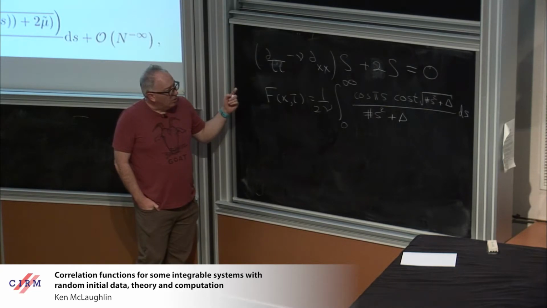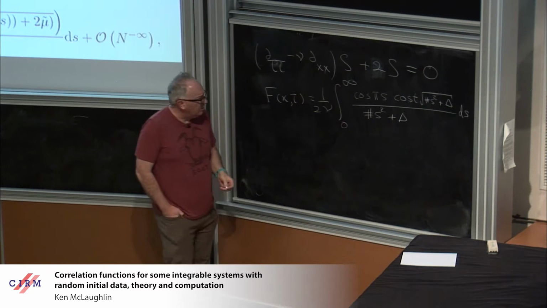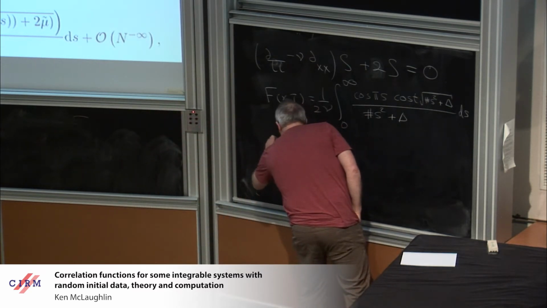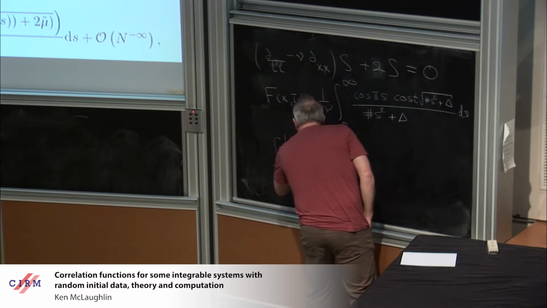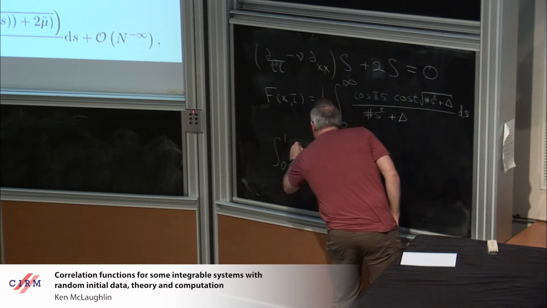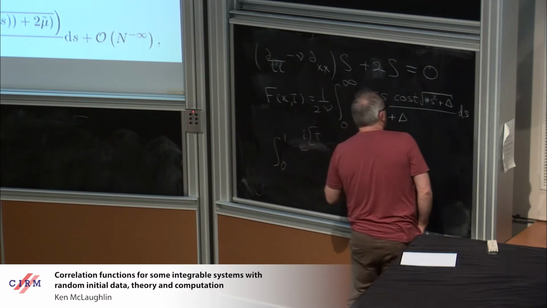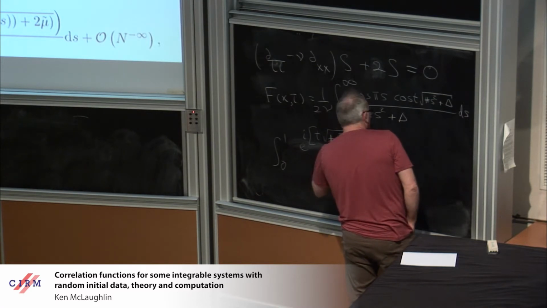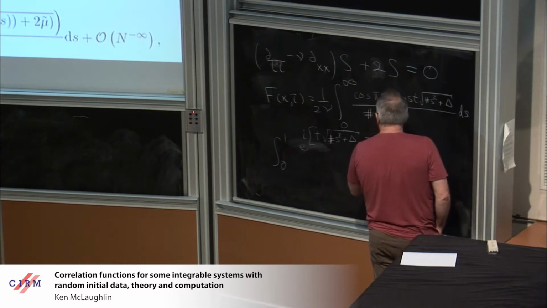But so, okay, it still looks ugly. It's got cosines and cosines. But basically you can study this by looking at things like the real part of an integral like this. Cosine pi s, e to the I times t square root number sign s squared plus triangle, minus pi times s.